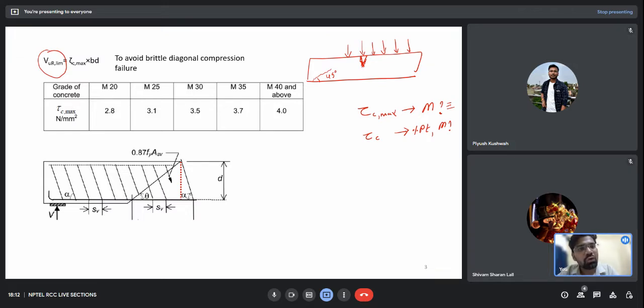But we cannot do anything about this diagonal compression failure. You can say it can be at any angle, but to be more precise, diagonal compression failure is mainly because of the compression loads, and it can occur at 45 degrees or at any other angle, but it is mainly due to compression.